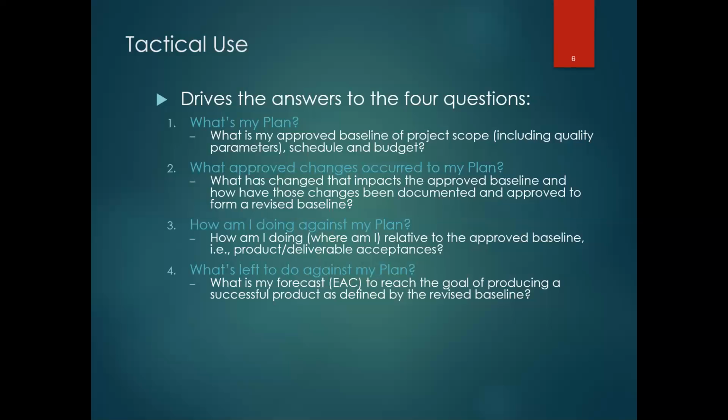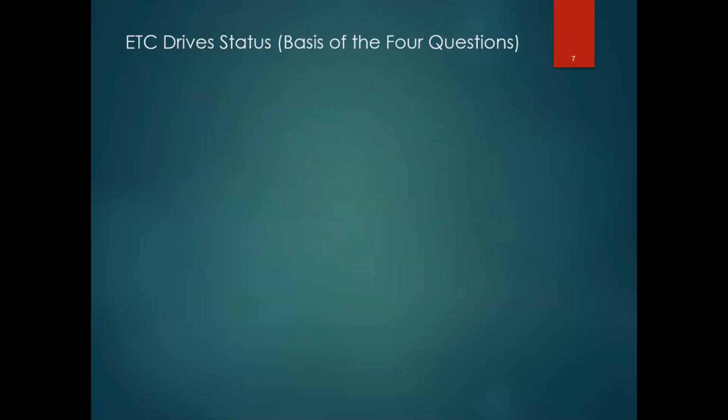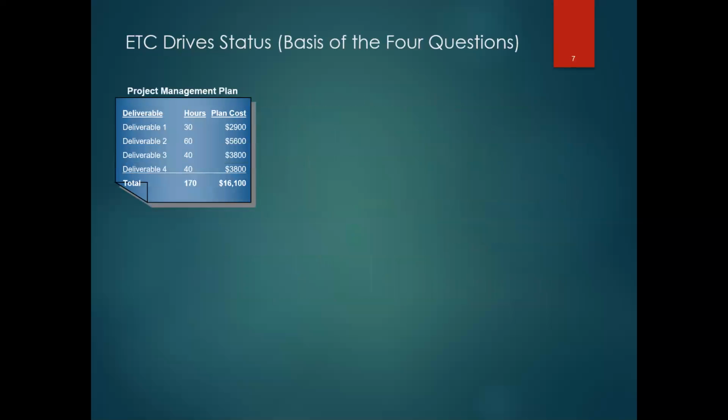And what I was trying to get to is your project plan, and when I say plan, I don't mean schedule, I mean your PMP, your schedule, your risk register: is your plan measurable such that we can feel confident that you can execute against that? So ETC drives status. It's the basis for the four questions.